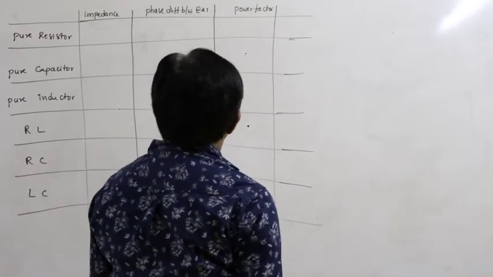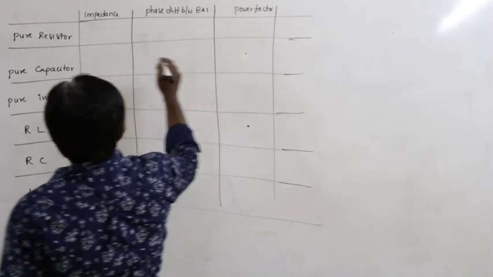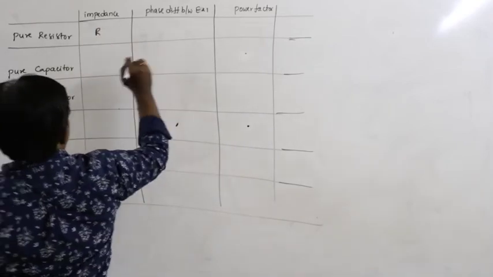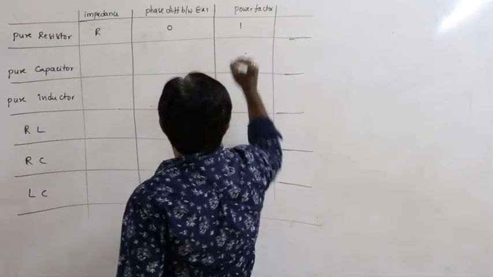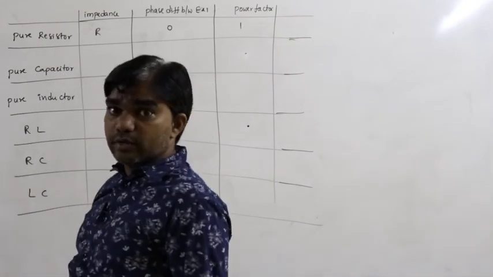So in case of pure resistance, impedance is R, the phase difference between EMF and current is 0, the power factor is 1, cos 0 is 1.